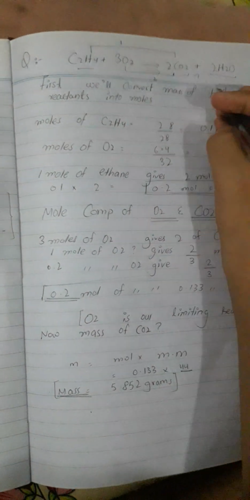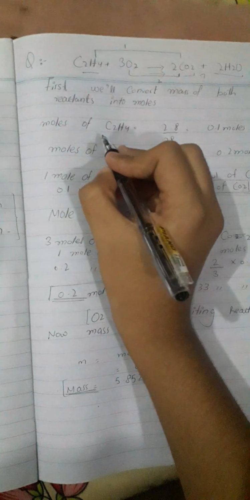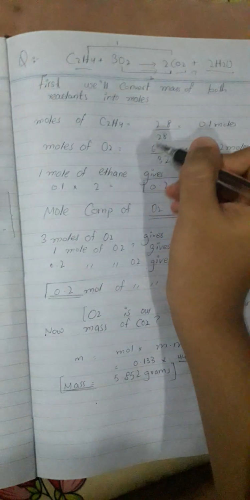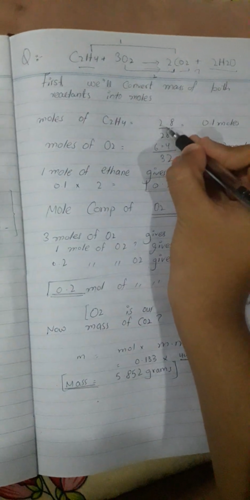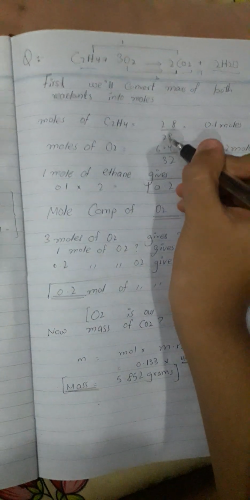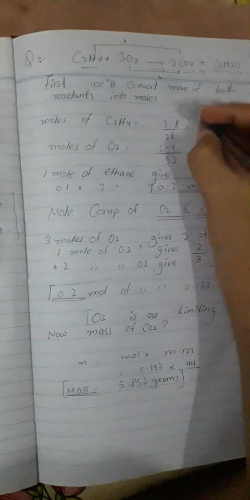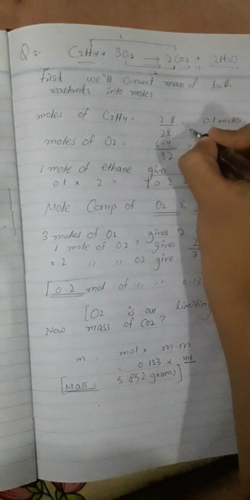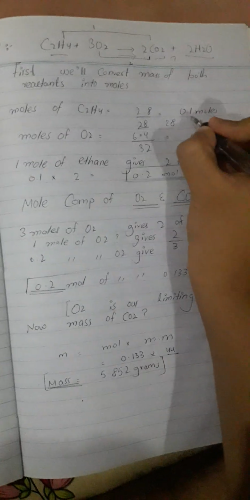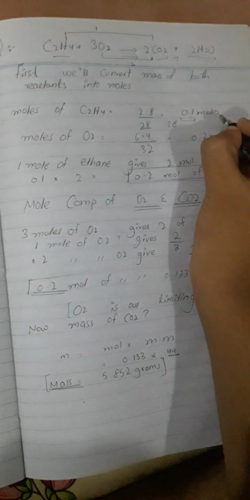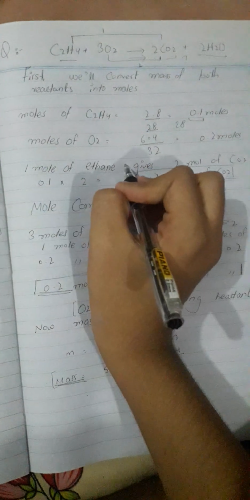We will use the formula. What is the formula? Moles of C2H4 equals 2.8, the given mass, per molecular mass, and the molecular mass of ethene is 28. So that will simply give us 0.1 moles. Meanwhile, the answer for O2 will be 0.2 as per the formula.